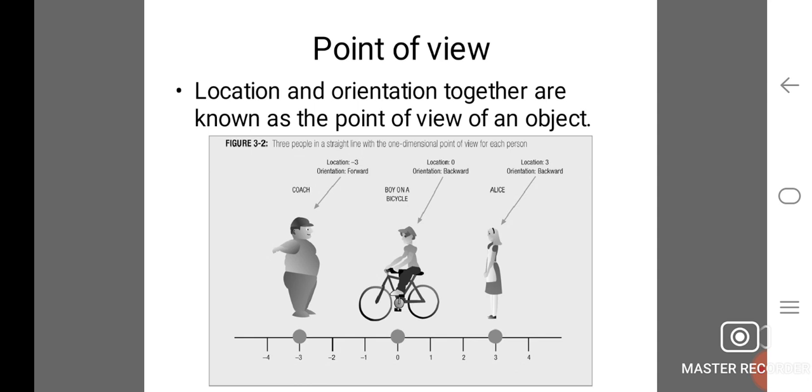So three people in a straight line, with the one-dimensional point of view of each person. Coach, in the middle, orientation backward. Boy on a bicycle. On the left hand side, coach, location 3, orientation is forward. On the right hand side, Alice, location 3, orientation is backward.